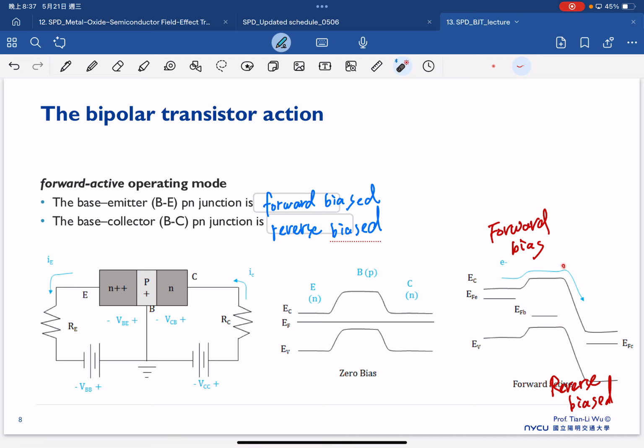So the electrons here can be accelerated and reach the collector side. And that, in the end, causes the current that can be sensed in the collector here. So that's one of the reasons how the device can have the current in the BJT.